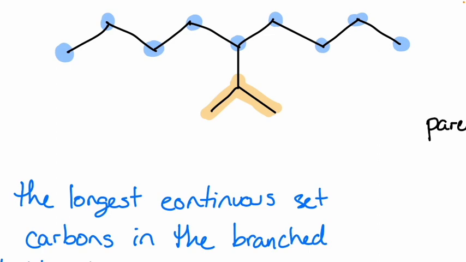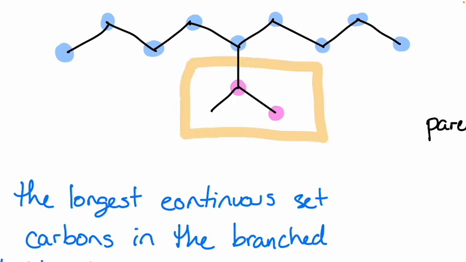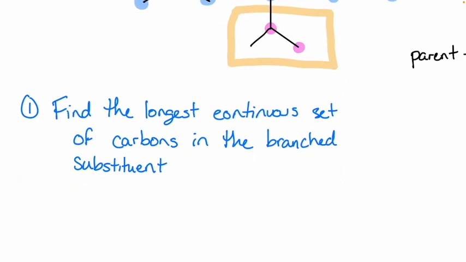Okay, so if we zoom in here and we're looking for our longest continuous set of carbons, I have 1, 2. All right, again, looking just in that substituent there. So looking just in this portion of the molecule, I'm going to find the longest continuous set of carbons. Okay? So that's what we colored in pink here.